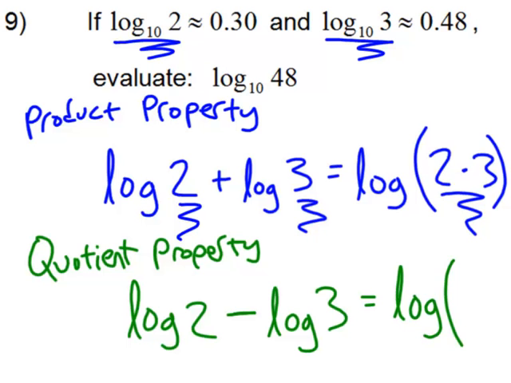The positive logarithm has a 2 there, so that would be the one on top, and this minus log 3 translates into dividing by 3 here. That is our quotient property.